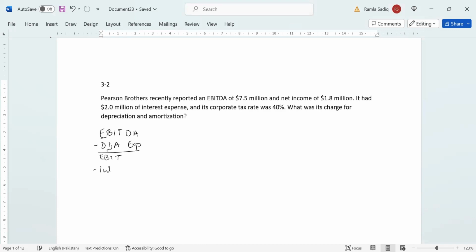From that, we deduct our interest expense. And we're left with EBT, or earnings before taxes, or taxable income. From that, we deduct our tax expenses, and then we are left with our net income.